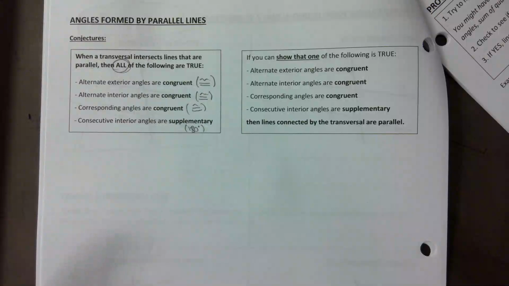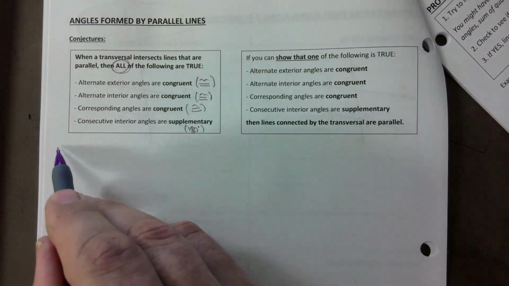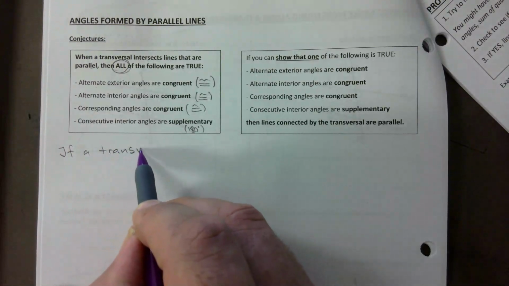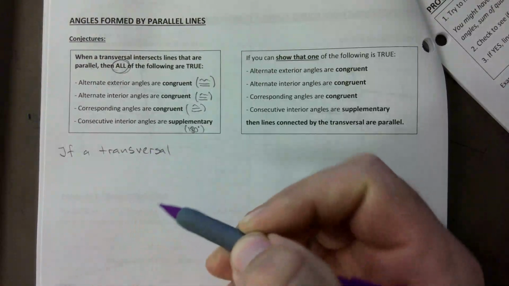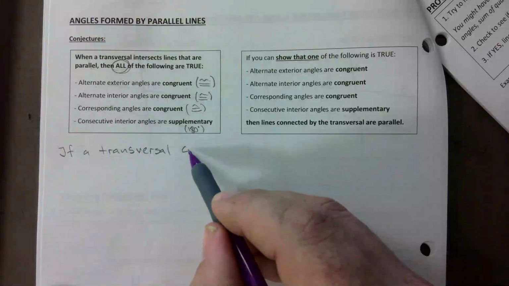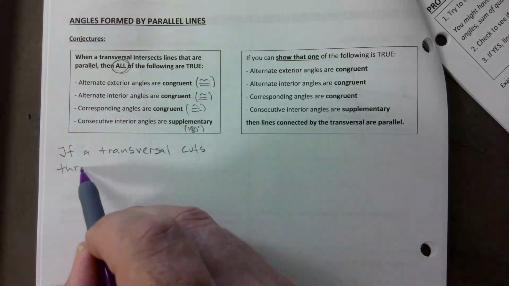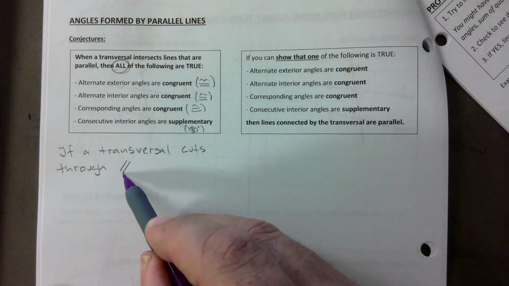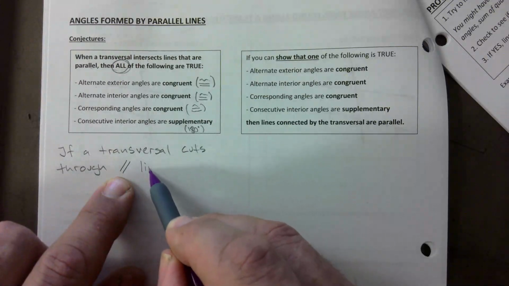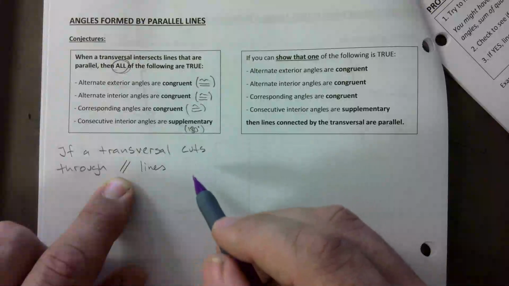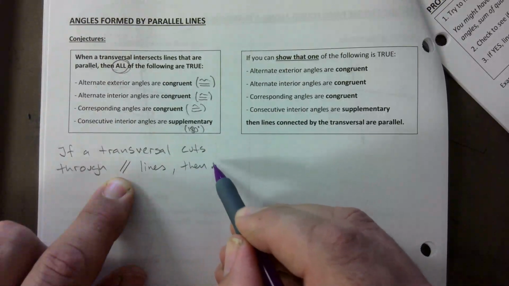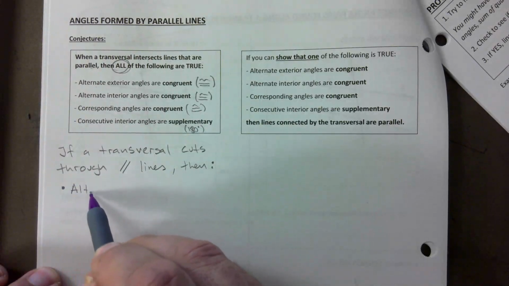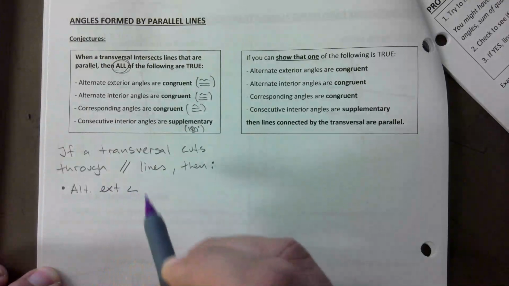So this is what that says. Here you go. If a transversal cuts through parallel lines, that's the symbol for parallel, then alternate exterior angles are congruent.